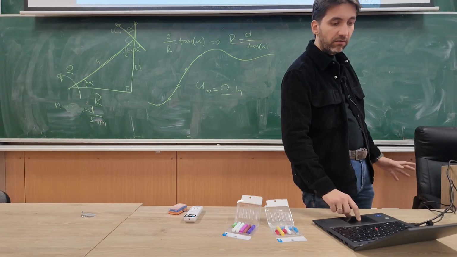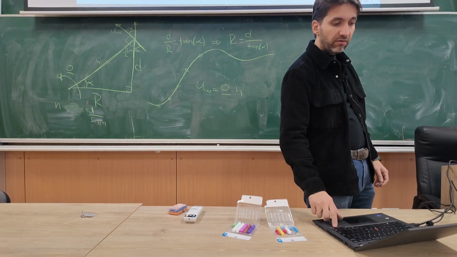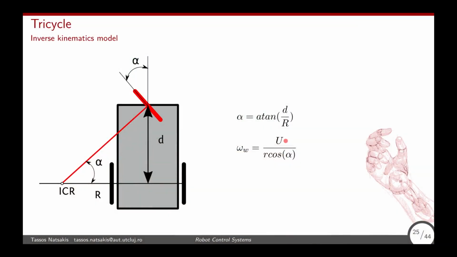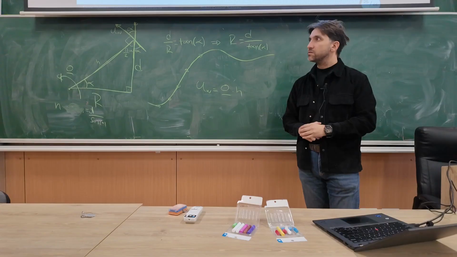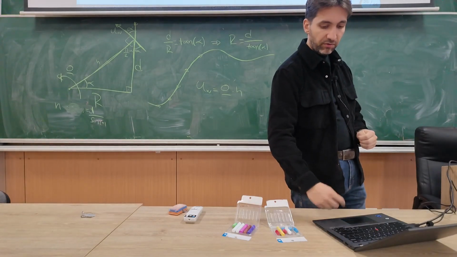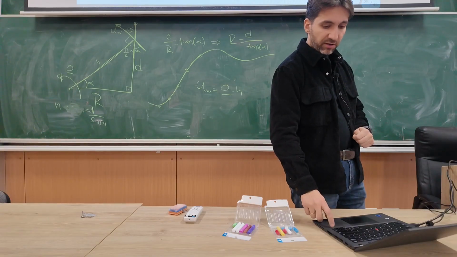I know alpha now, and I can choose the wheel velocity based on the linear or angular velocity I want to execute the trajectory with. All right? Simple. You see, forward and inverse kinematics for mobile robots are a bit simpler than for robot arms.